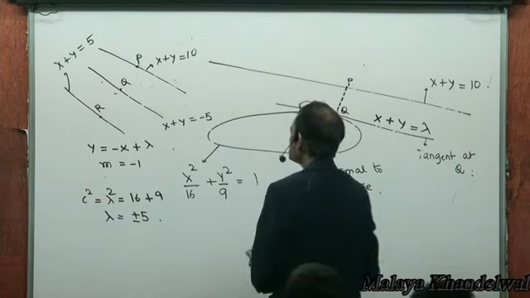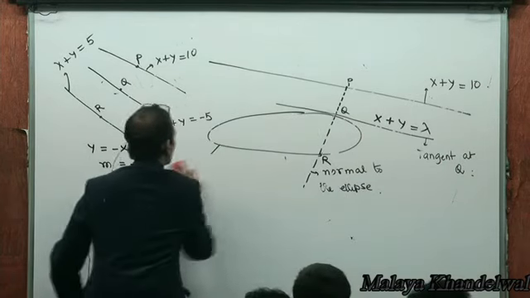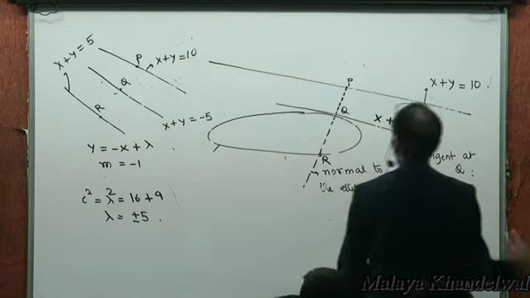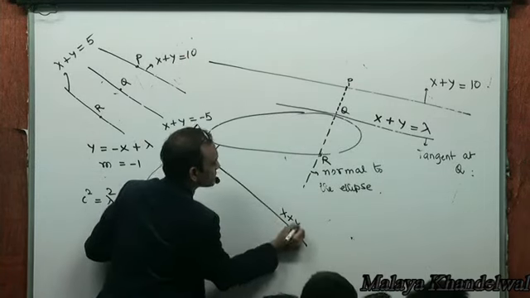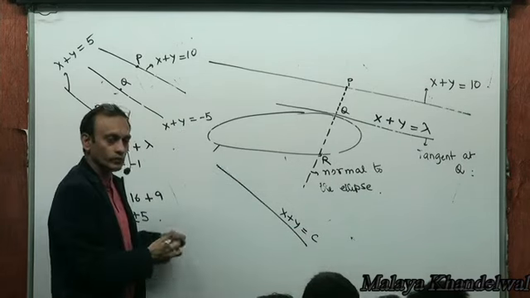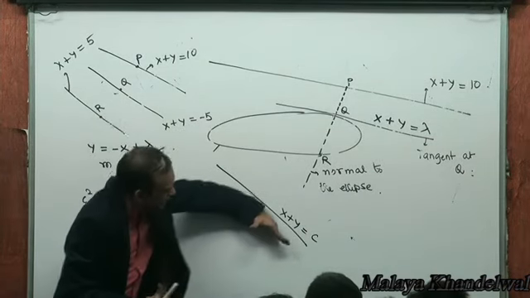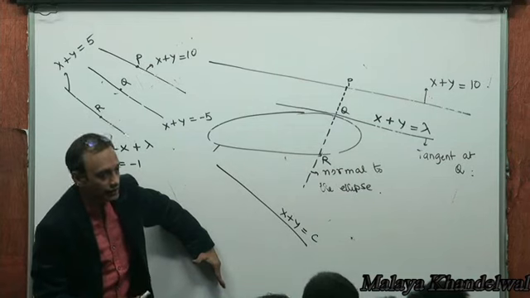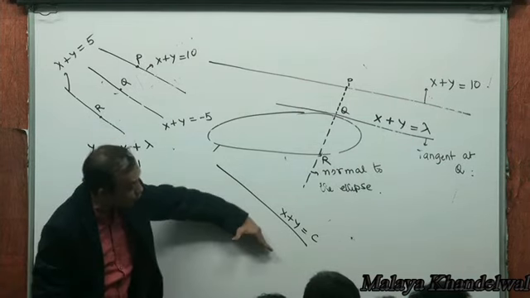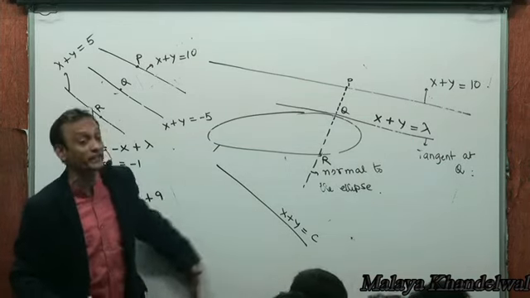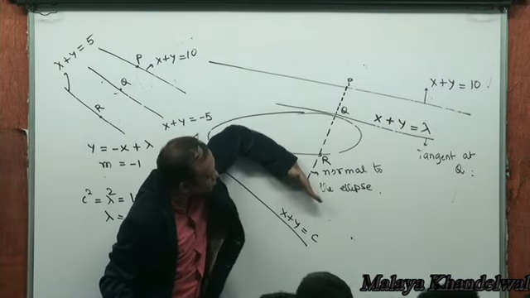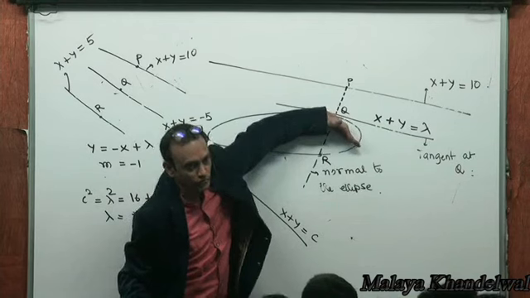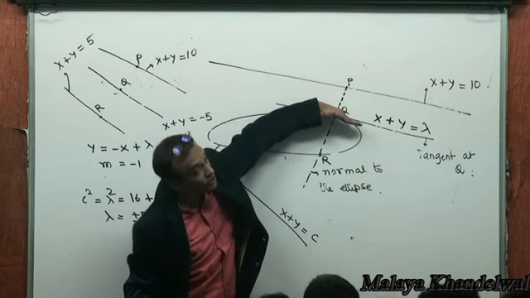See, if there is any line x plus y equal to some c, then on this side of the line c will either increase or decrease. It cannot increase and then decrease. On this side of the line, all lines would be x plus y equal to c1, c2, c3, c4. Then the c's will either increase or decrease.